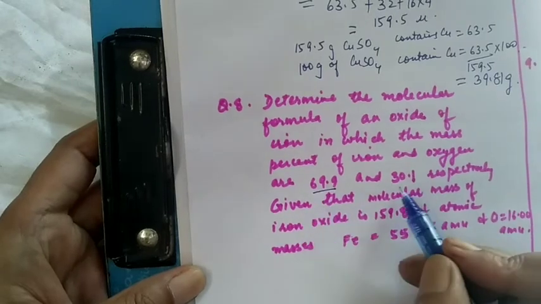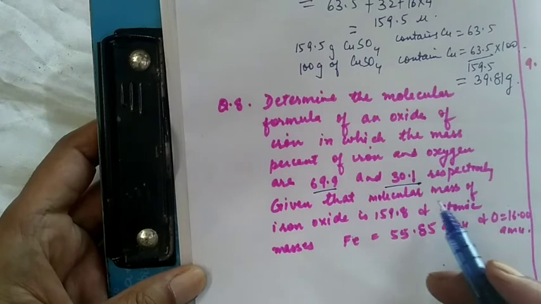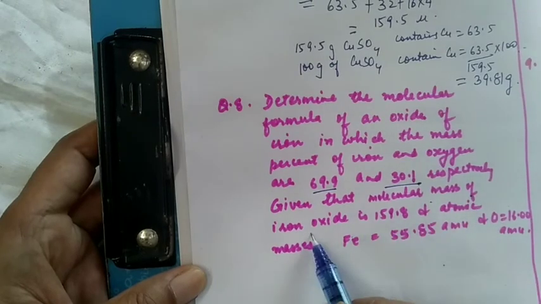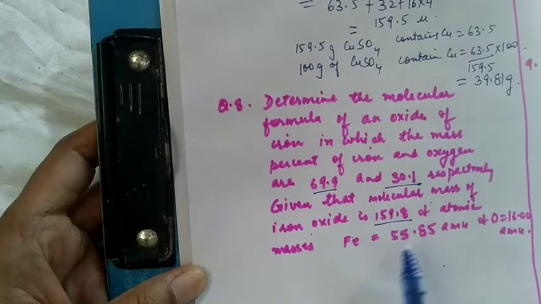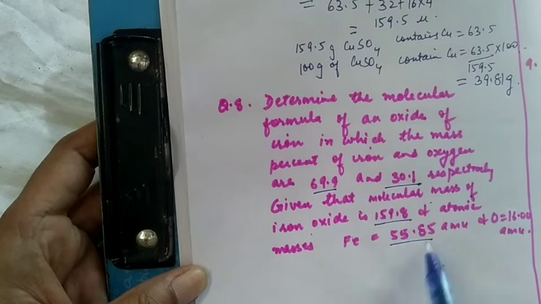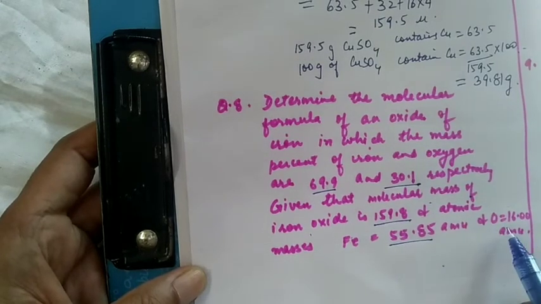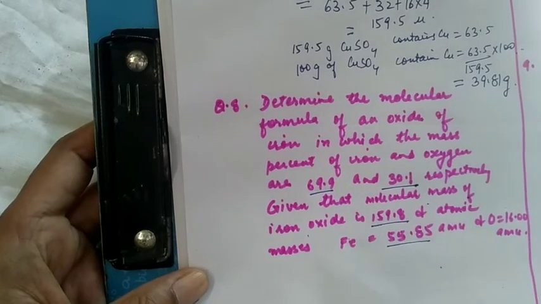Determine the molecular formula of an oxide of iron in which the mass percent of iron and oxygen are 69.9 and 30.1 respectively, given that molecular mass of iron oxide is 159.8 and atomic masses of iron is 55.85 and oxygen is 16 AMU.